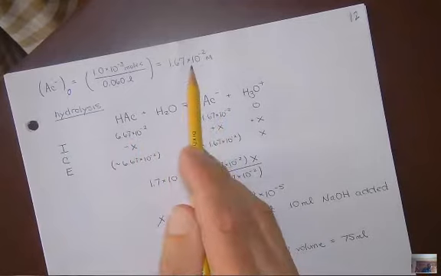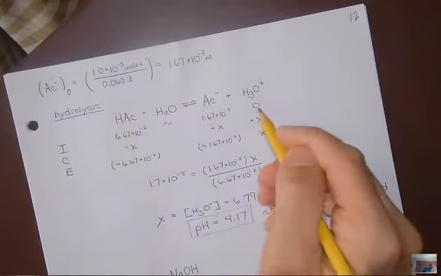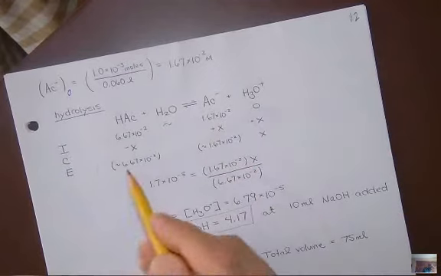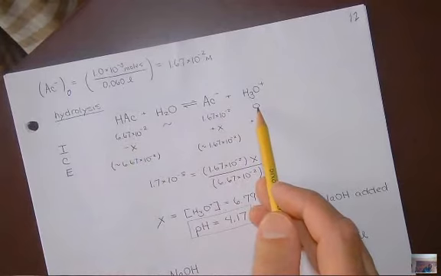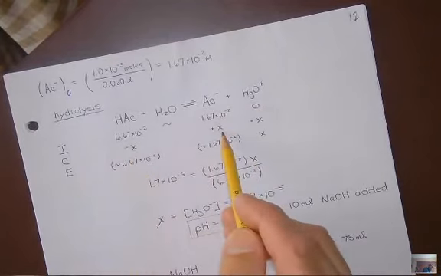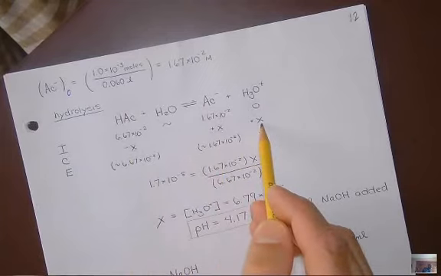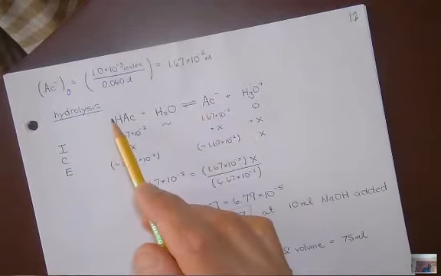They come right from the section before. We don't care about water, and the hydronium is 0. This equilibrium has to be achieved by going to the right because I have 0 here. I've got to fill in that 0. So this guy's going down by x. This guy's going up by x. This guy is also going up by x, right? One of these creates one of these, comes from one of those.